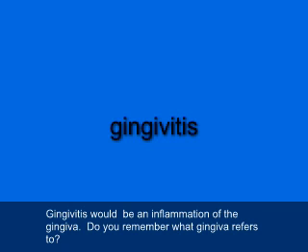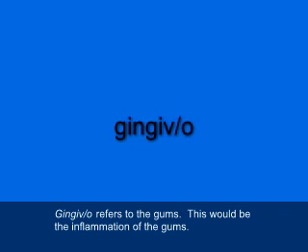Well, gingivitis would be an inflammation of the gingiva. And do you remember what gingiva refers to? Gingiva refers to the gums, so this would be inflammation of the gums.